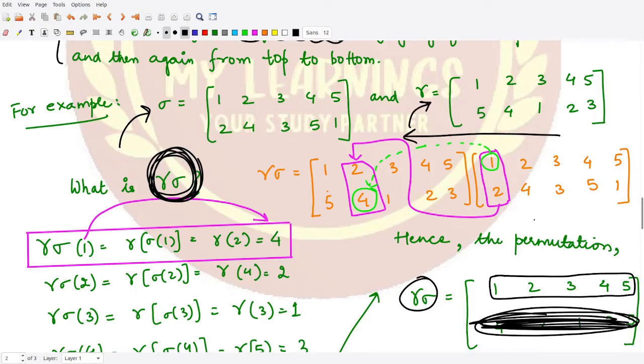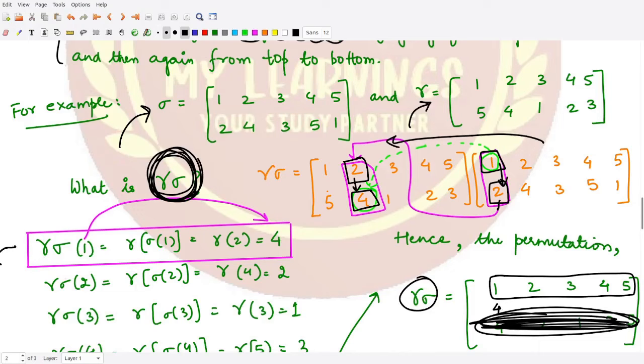So for element 1, we move from top to bottom and see what is just below 1. It is 2. Corresponding to 2, we move left, and on the left we have 2 here. Which element is just below it? We have 4. So the answer for 1 would be 4, and you write 4 here.